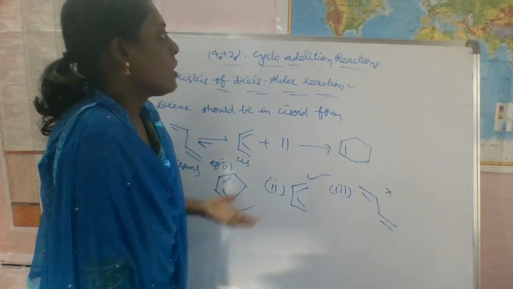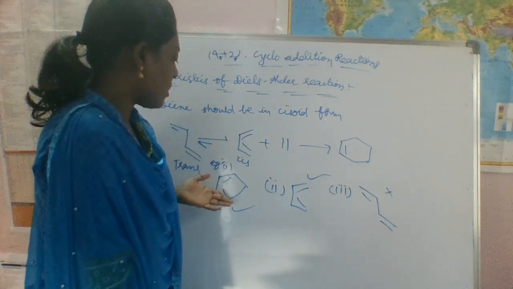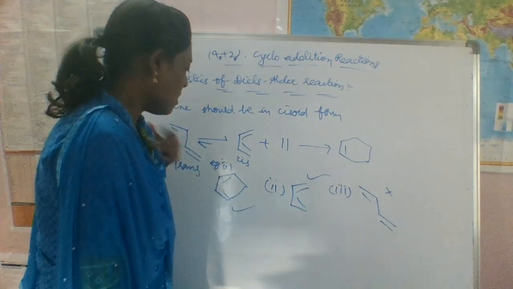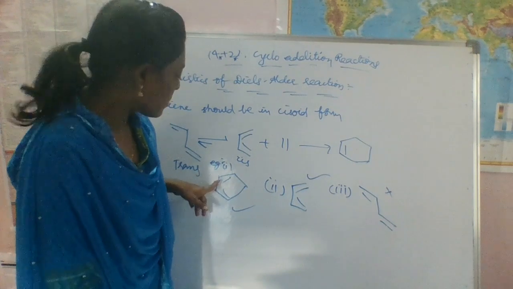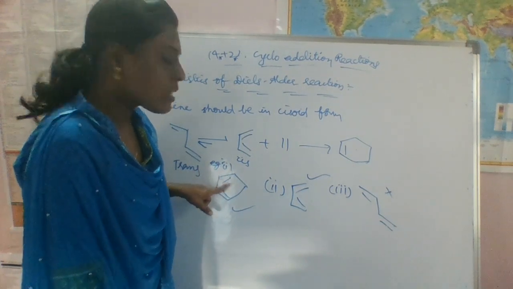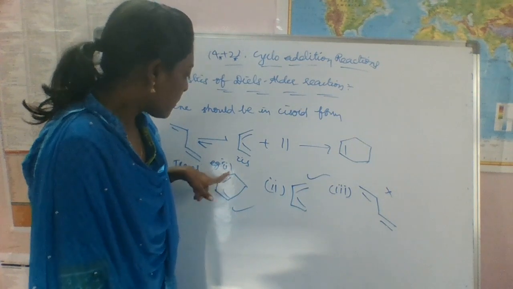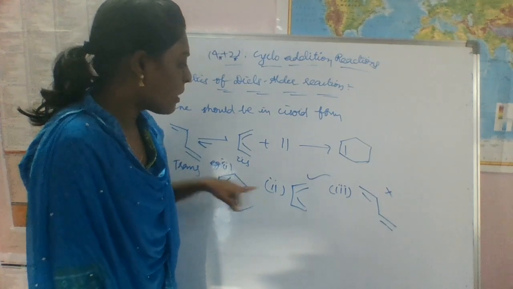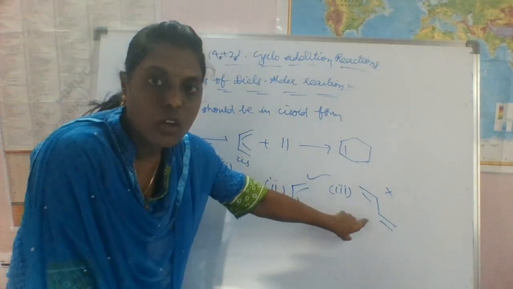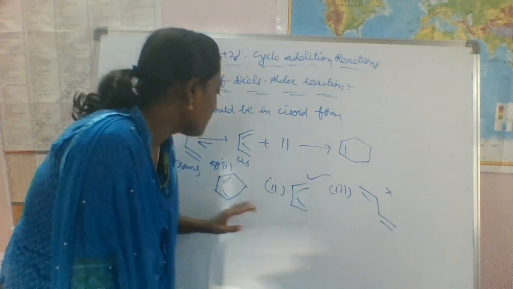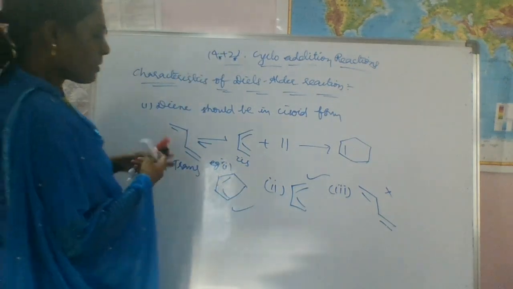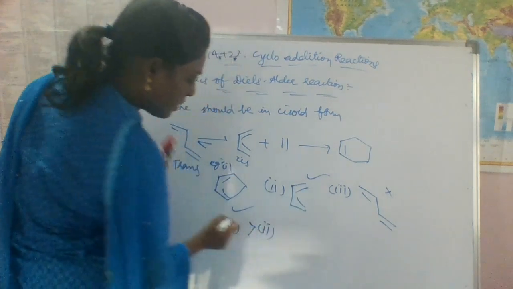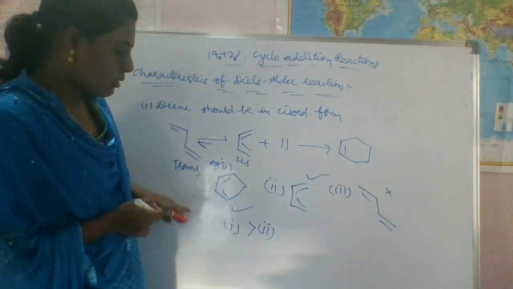In your exam they may ask which one is more reactive. This diene is more reactive, because here there is no possibility of the trans one, because it should be in this mode only, since it is in ring form, but here it can interconvert into trans, right? Okay. So that's why 1 is more reactive than 2, right?